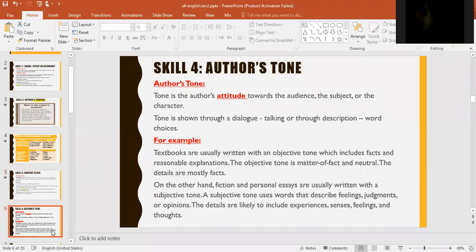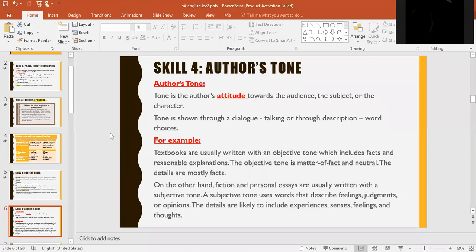Now we move to author's tone. The tone, as we said at school, is the attitude or the mood of the writer or of the author. So, as we said, tone is the author's attitude towards the audience, the subject, or the character. The tone is shown through dialogue, or through description or word choices.